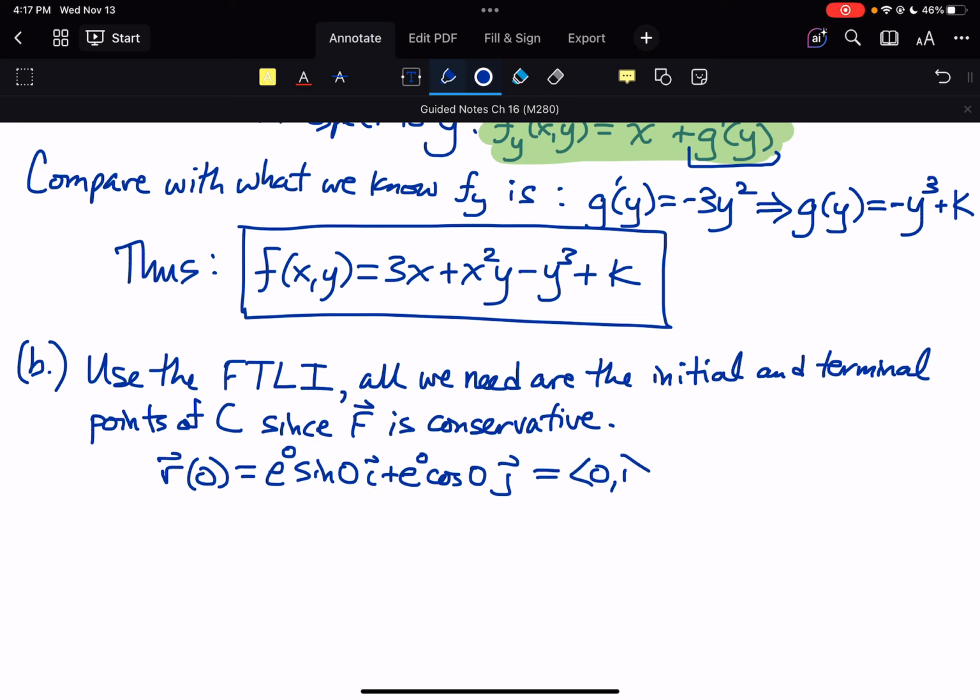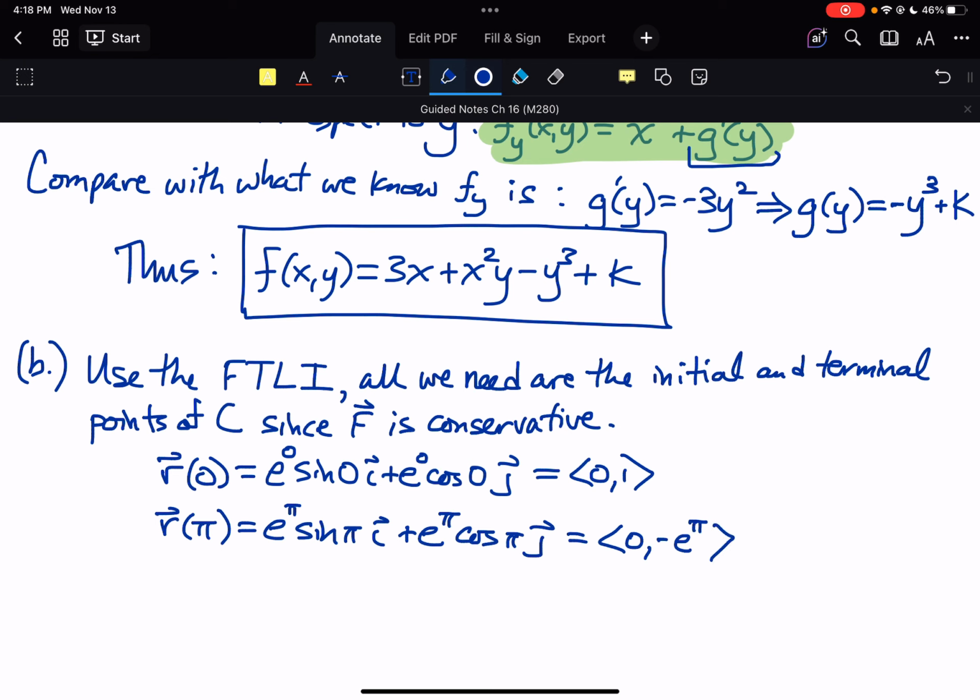So that's the vector 0, 1. r of pi, that's e to the pi sine of pi i plus e to the pi cosine of pi j. Sine of pi is still 0. Cosine of pi is negative 1. So we end up with 0 and negative e to the pi.